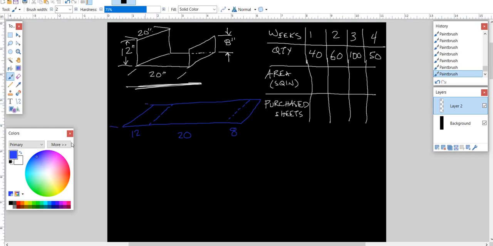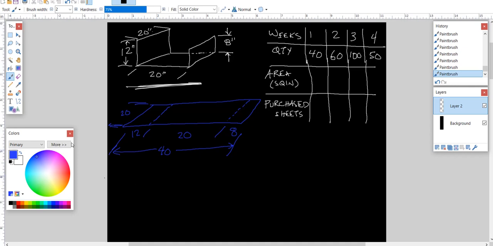And then this thing is 20 inches. Now, I know there's bend formulas and everything like that, but I'm just going to ignore this for the ease of this, but you should definitely use the exact measurements. Okay, so 12 plus 8 is 20, and 20 plus 20 is 40. So this thing overall is 40 inches across.